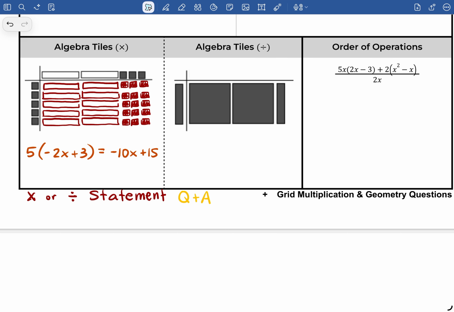Our next one, same idea. This one is a division question because we're not given this top bit, so we're given the big stuff, and we need to figure out what would go here. It's the same idea. If this big square came from whatever this is multiplied by whatever goes here, then this would have to be a rectangle.